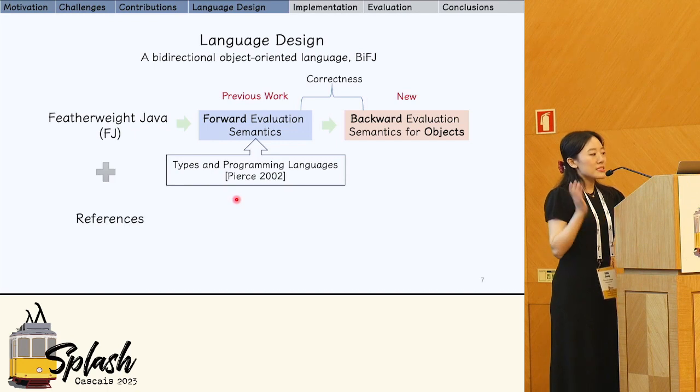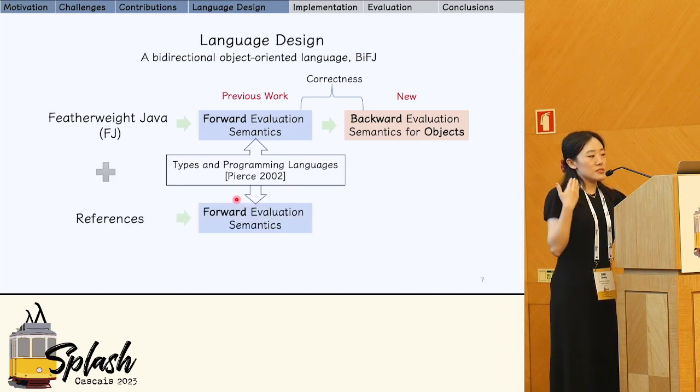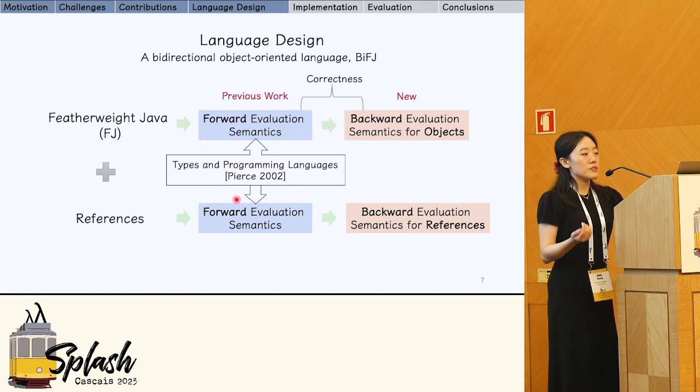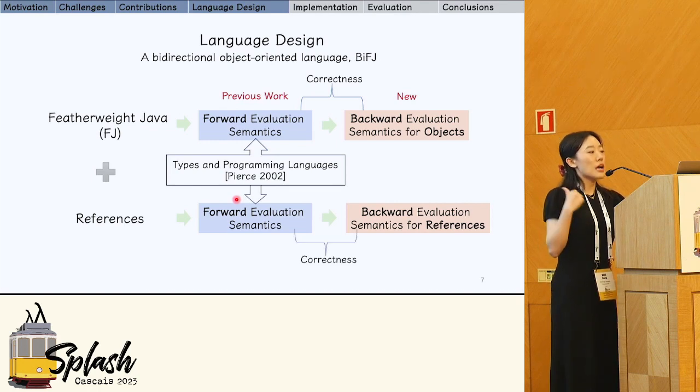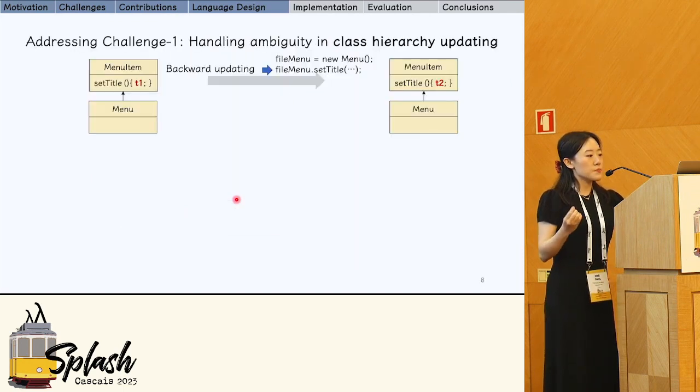Then, we extend this Featherweight Java with references, and its forward semantics can also be found in this same book. And we give a backward evaluation semantics for it and prove its correctness. So these two bidirectional evaluation semantics are our main contributions.